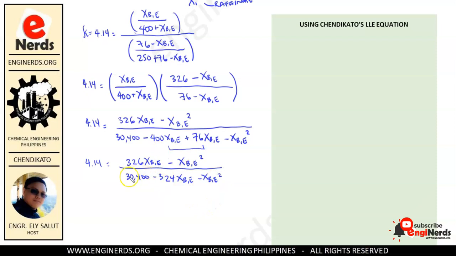Okay, so let us transpose our denominator to the left side. We will have here 4.14 times 30,400 minus 324 XBE minus XBE squared is equal to 326 XBE minus XBE squared.